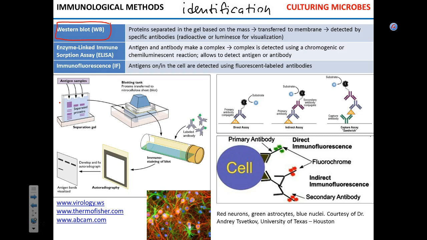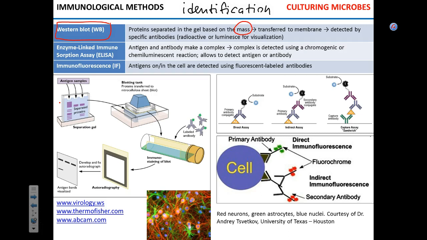Now, they're all grouped together. We cannot really distinguish them. So we need to separate them somehow. The only thing that we know about the influenza protein is its mass. We know how big this protein is.